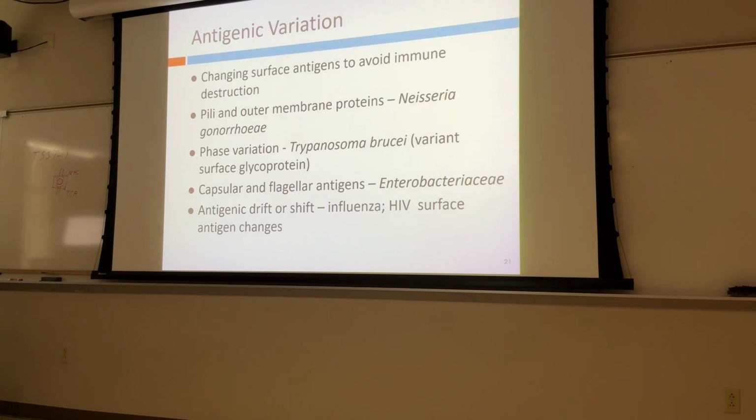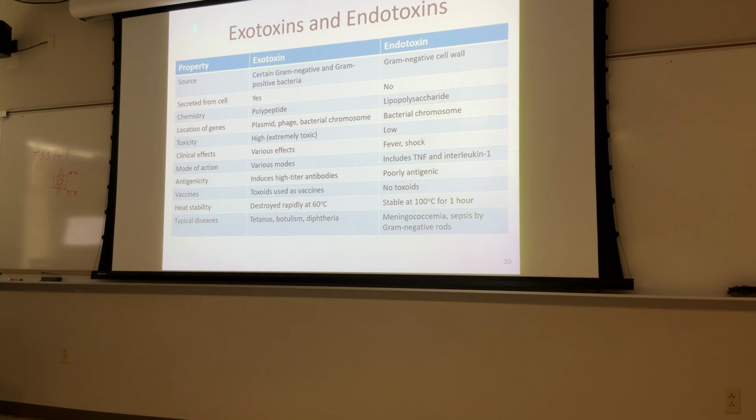Let's see. I'm trying to think of what we talked about on here. Exo versus endotoxins. This kind of puts a lot of stuff on the same sort of thing. Exotoxins are polypeptide based, they're protein based. Endotoxins, obviously, are LPS.